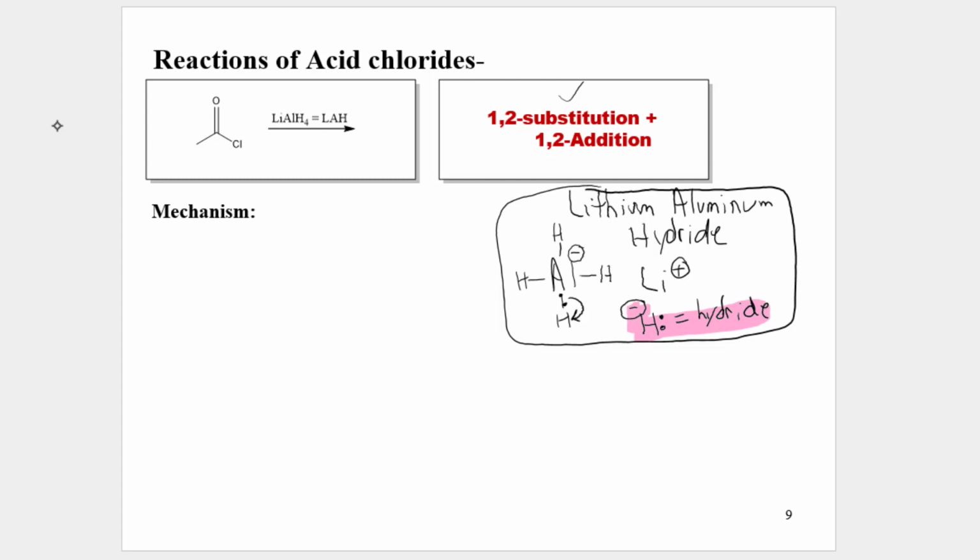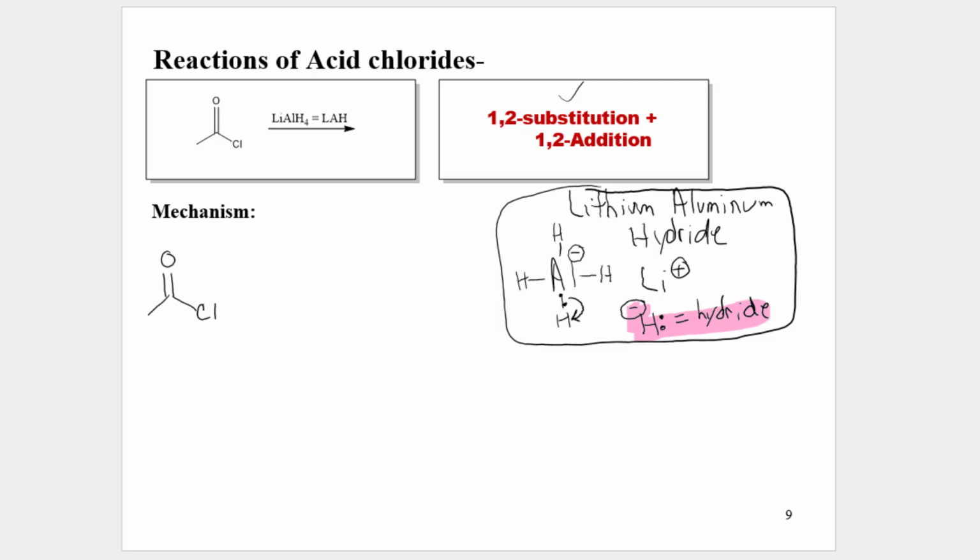It comes as a salt, and then when put into solution, it can dissociate its H- and give us an H- source. They're very reactive. You got to keep them very dry. An H- is a highly reactive species, and so you want to be very careful with them. You want to work under atmospheres that are not moist.